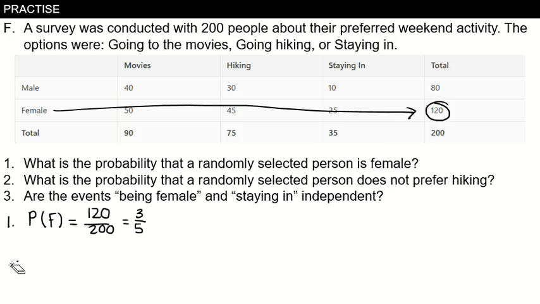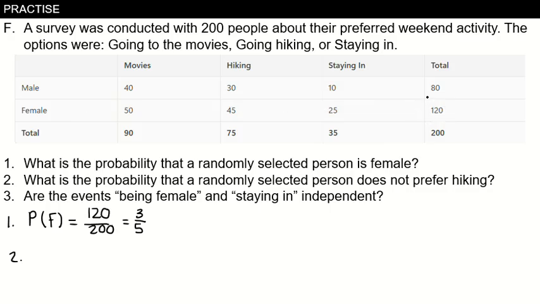Question 2. What is the probability that a randomly selected person does not prefer hiking? So these are the hiking people. 75 people said they liked hiking, but we want the not hiking part.